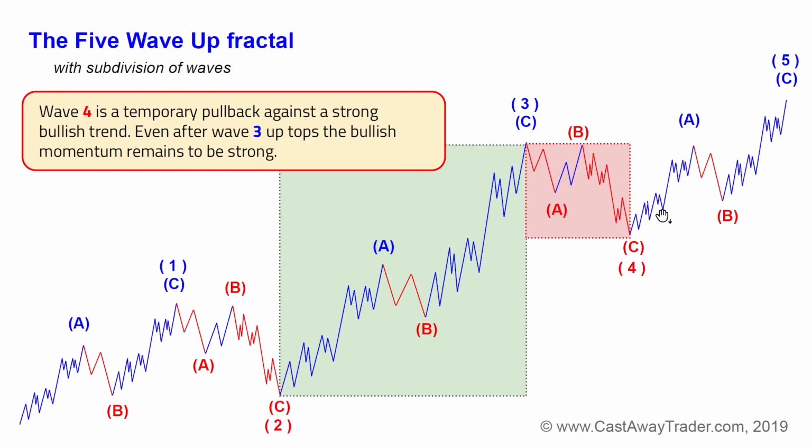And then the fun should start, because subwave C of wave 3 is when the rally starts to accelerate. Normally the ultimate target of that rally, which goes off the low made by wave 4, is subwave A of wave 5, the first leg up of wave 5, and it normally targets the previous high made by wave 3 up.